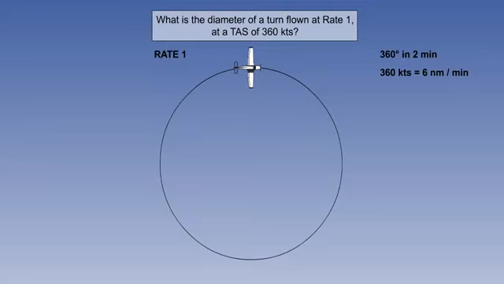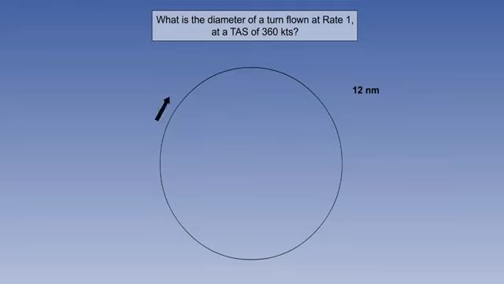At 360 knots, the aircraft is travelling at 6 nautical miles per minute. So the total distance travelled in 2 minutes will be 12 nautical miles. The circumference of the circle the aircraft has flown is therefore 12 nautical miles. We can find the value of a circle circumference by using the formula pi times the circle diameter, or pi d.